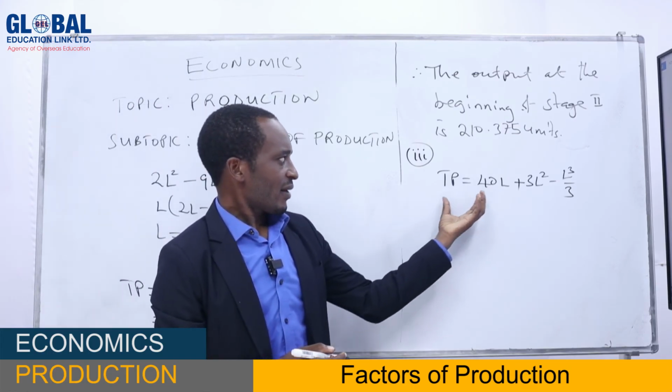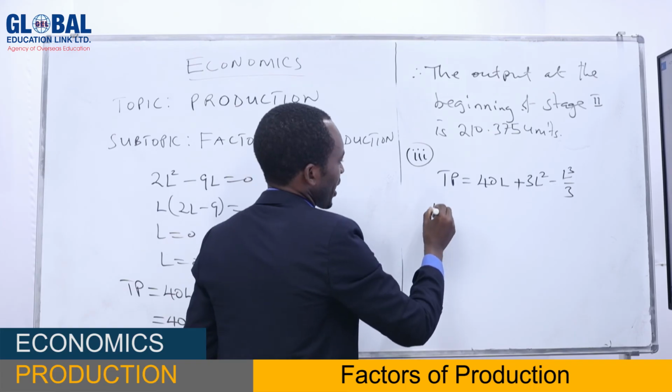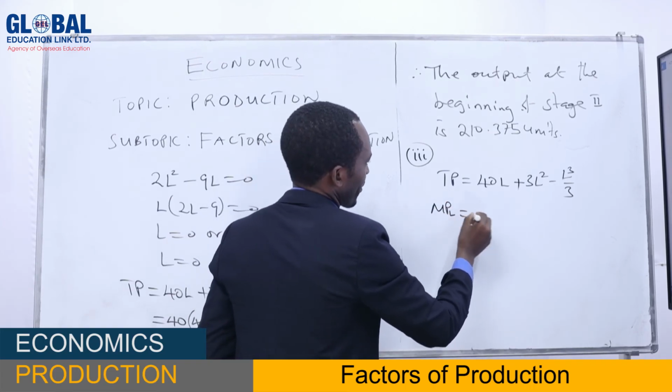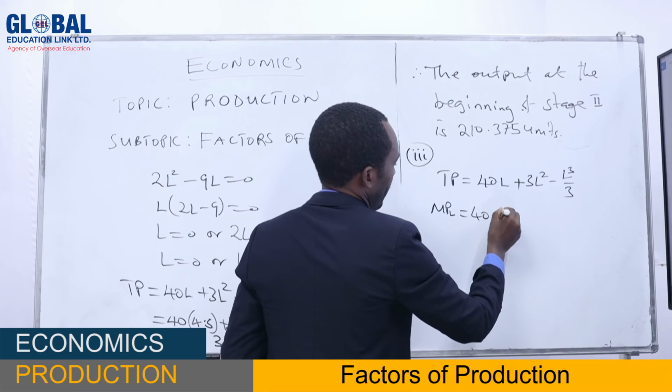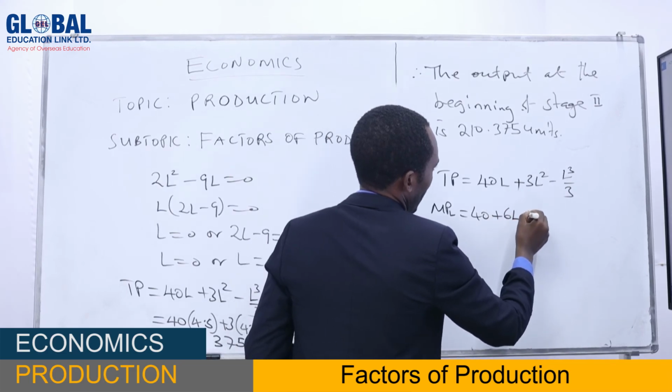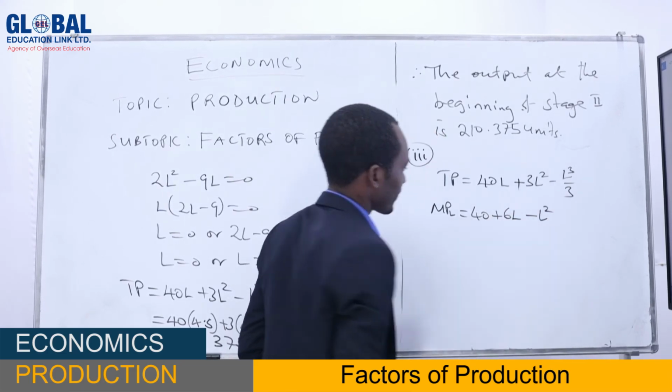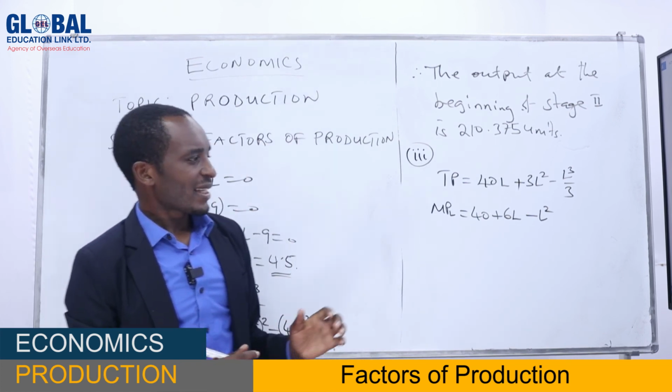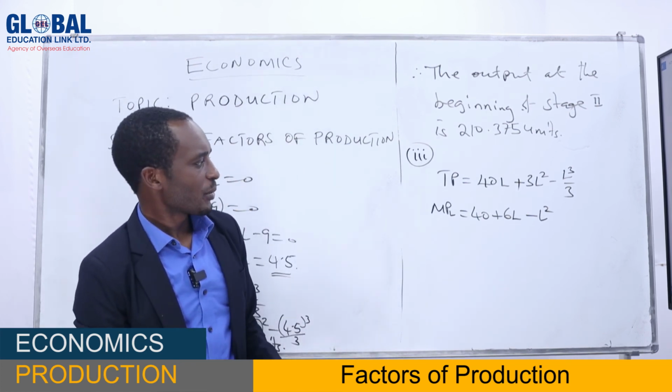So this is our total product, and we know the marginal product of labor we said is 4 plus 6L minus L square.